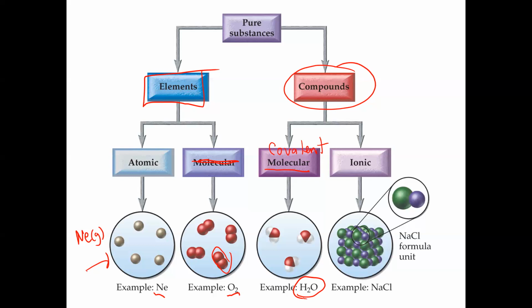Now, molecular compounds, which I'm going to call covalent, the reason why they call them molecular is because they actually form singular individual molecules. The other type of compound also has a fixed ratio. So the example I was writing was sodium chloride. And the ratio is 1 chloride ion to 1 sodium ion.